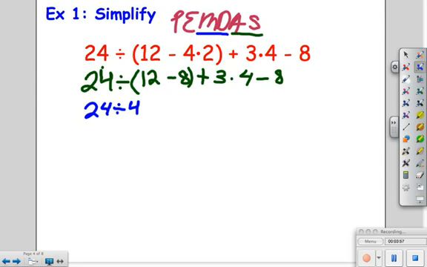Taking 12 minus 4 leaves me no other operation, so I no longer need my parentheses. Now my parentheses are done. I don't have any exponents in this problem, but if I did, I would perform them next.